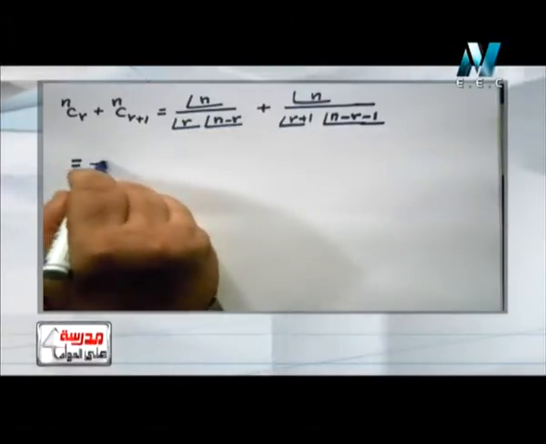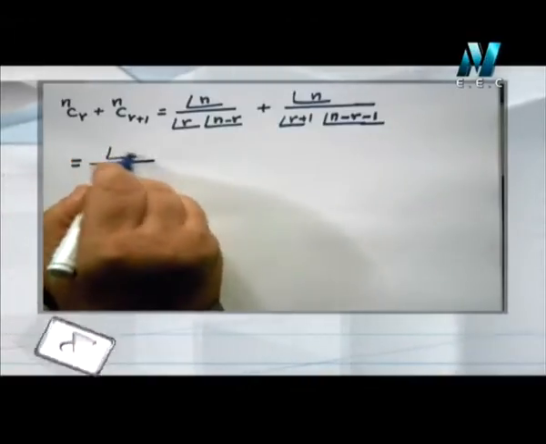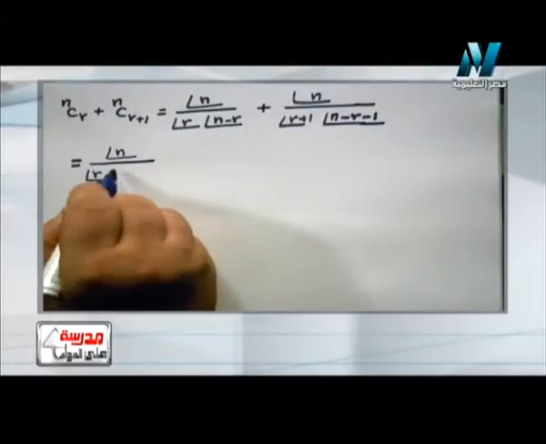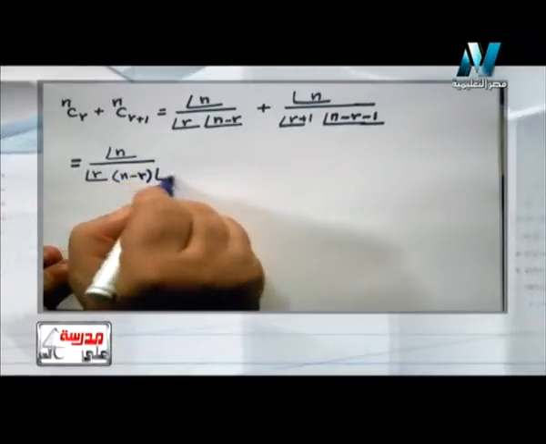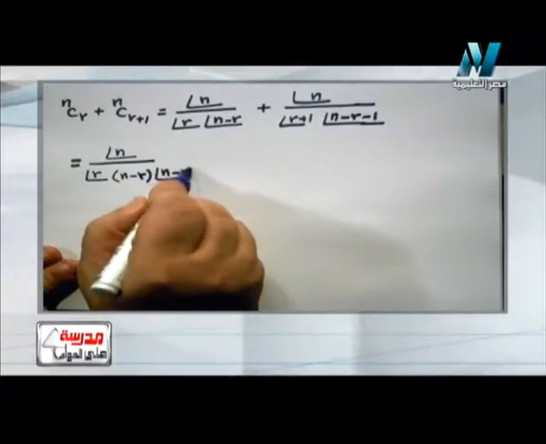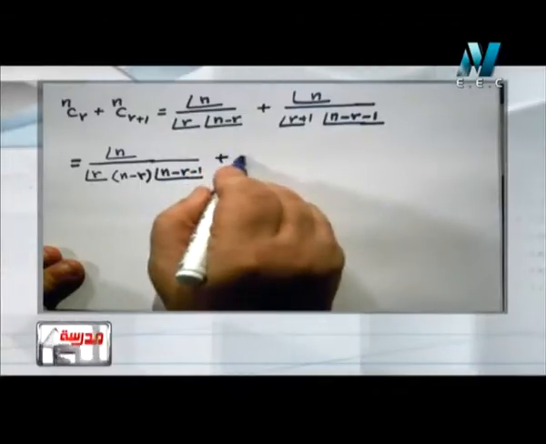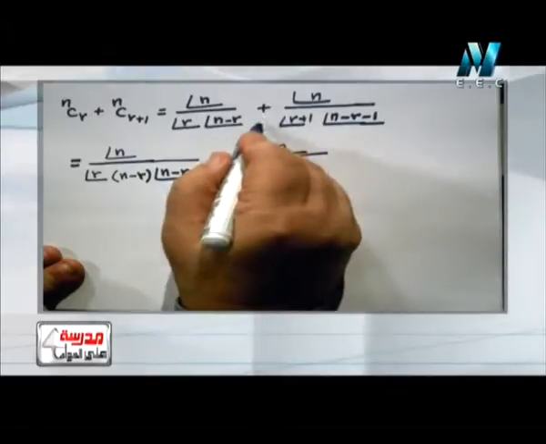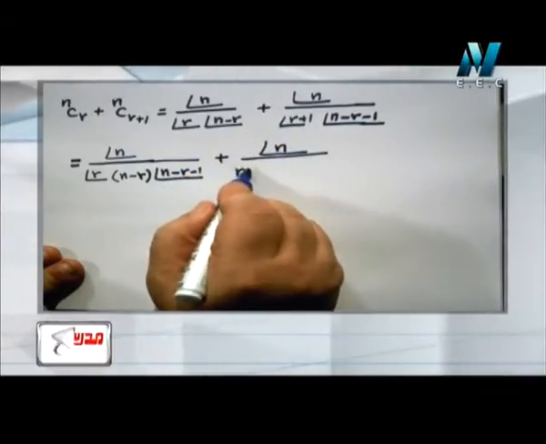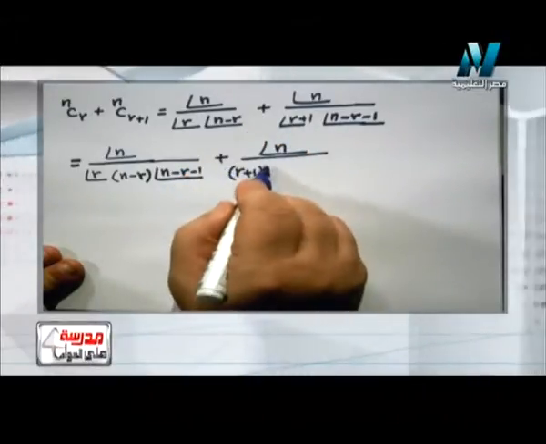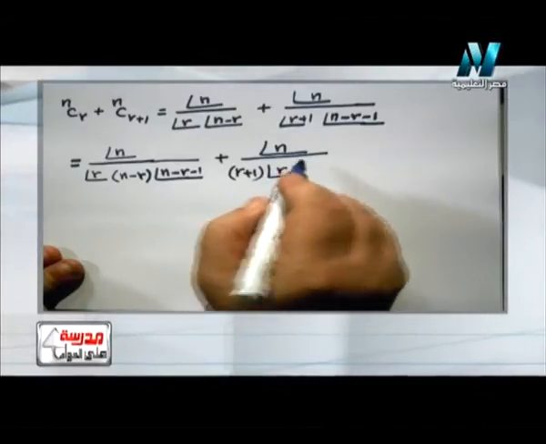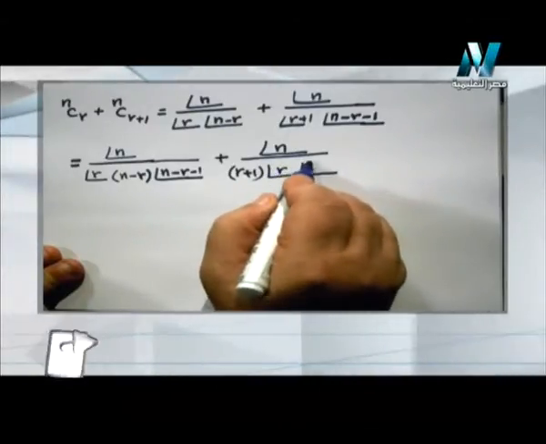Then it is factorial N over factorial R, take N minus R, factorial N minus R minus 1, plus factorial N, we can take factorial R plus 1 outside, it is R plus 1 factorial R, factorial N minus R minus 1.